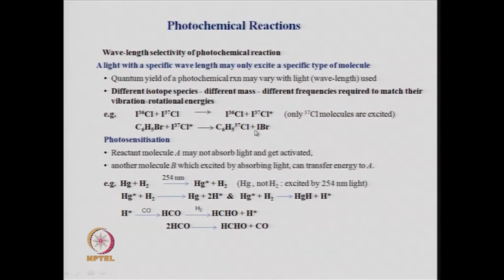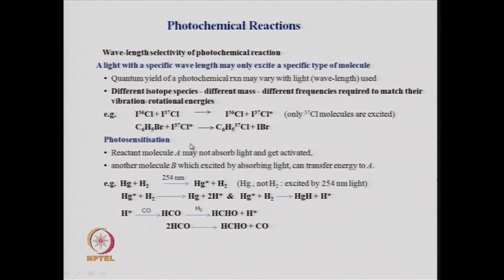So, from bromobenzene you can get chlorobenzene, and if you find out the mass of this chlorine group, which you can do by several techniques, then you will find that this chlorine has a mass of 37, and that allowed people to understand this mechanism, that since only chlorine 37 is present in chlorobenzene, then it should be possible only for the 37 iodine chloride to be photo excited, and hence this mechanism was arrived at.